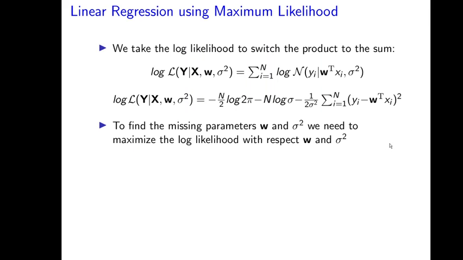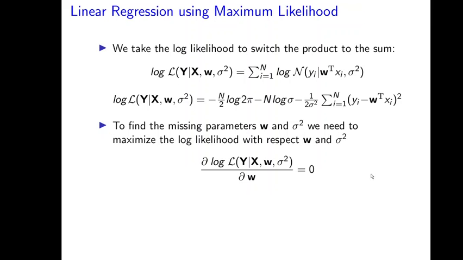And now the goal is to find the missing parameters W, the list of linear coefficients, and sigma square, which reflects the level of uncertainty or the noise level that comes with our predictions. In order to find these two parameters, we differentiate the log likelihood function with respect to W and sigma square in turn.